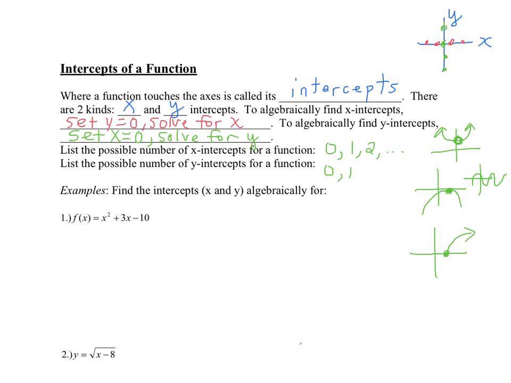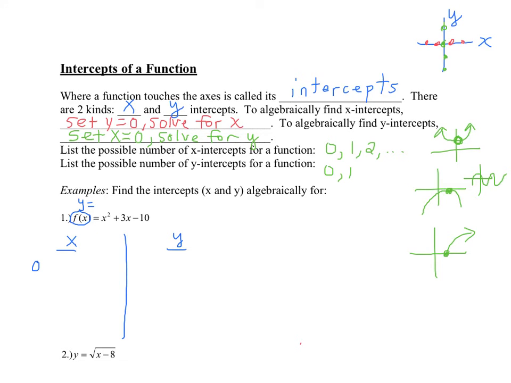Now let's look at some examples where we algebraically find our intercepts. So in our first one here, we have f of x equals, we have a quadratic here. So I'm going to organize my work. I'm going to write x and y like this and just kind of keep them separate. So to find my x-intercepts, we said you're going to set y equal to 0 and solve. Well, keep in mind that f of x is really the same as y.